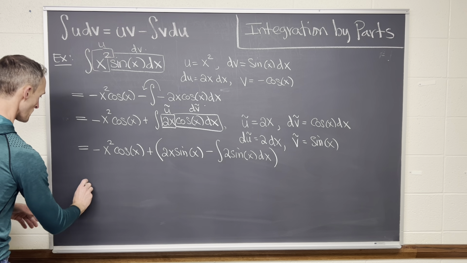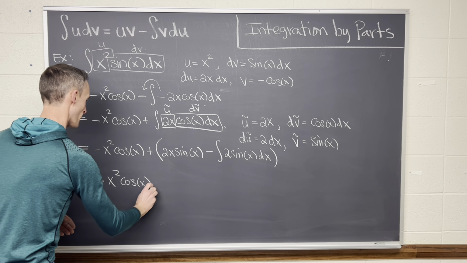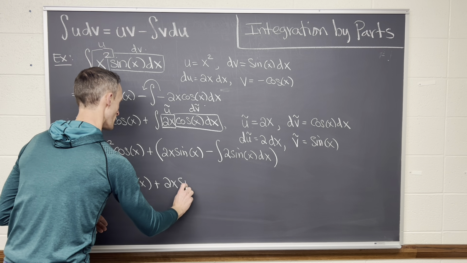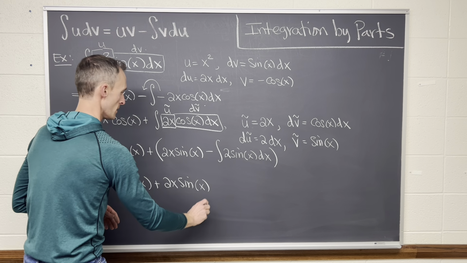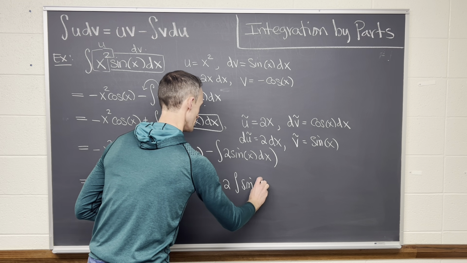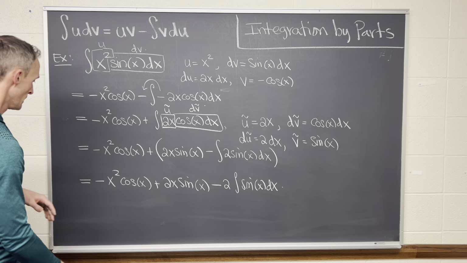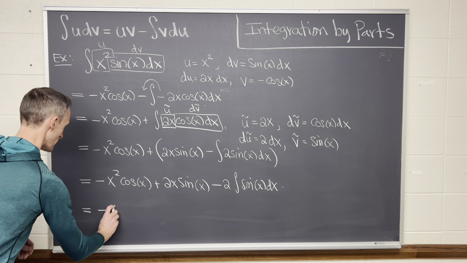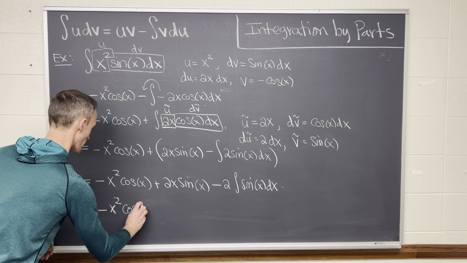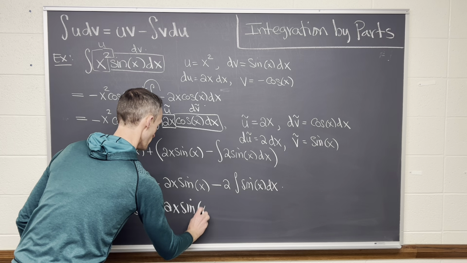So what does this look like in total? Looks like minus x squared cos x plus 2x sine x minus 2 times the integral of sine x dx. Be very mindful with the negative signs. So then what do I get in total? I get minus x squared cosine of x plus 2x sine of x.